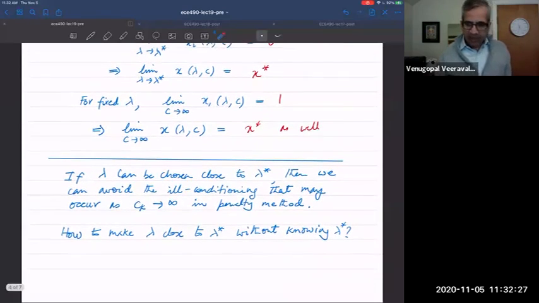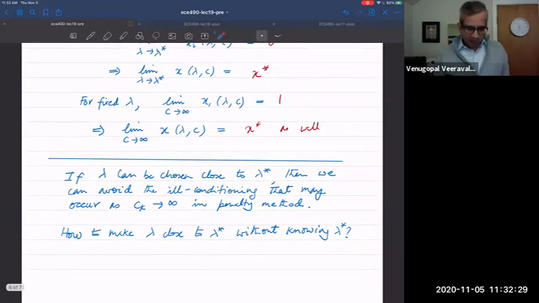So let's repeat that. If lambda can be chosen close to lambda star, then we can avoid the ill conditioning that might occur as Ck goes to infinity in the penalty method.